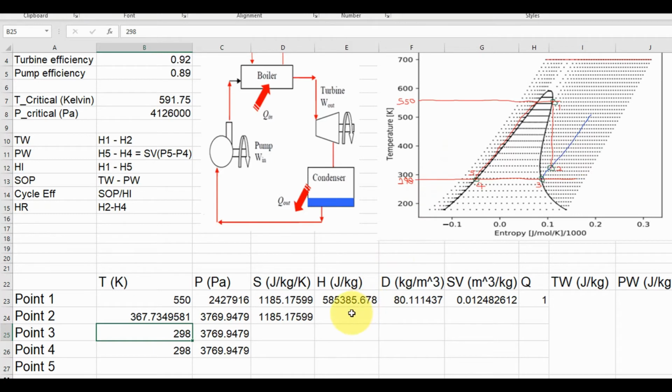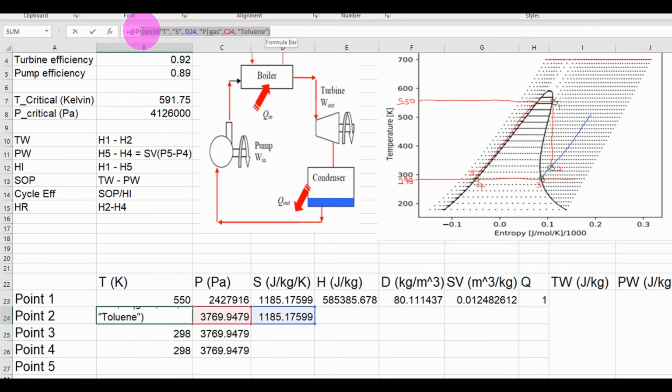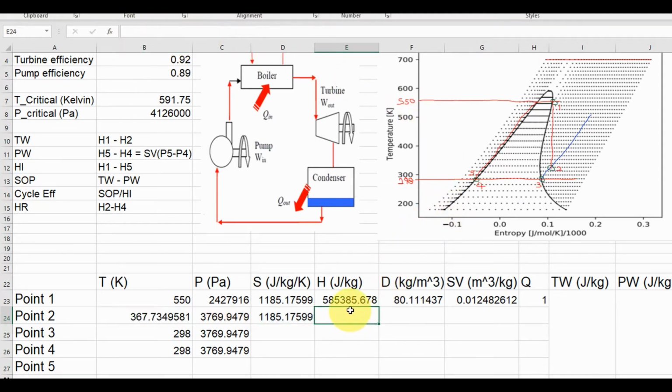Next, we can find the value of the enthalpy by following the same process. So all I need to do is to copy this and paste it here. But here now I'm looking for the enthalpy. So I know my enthalpy, I know my S, I know my pressure. So I could press the enter. So that's the enthalpy.